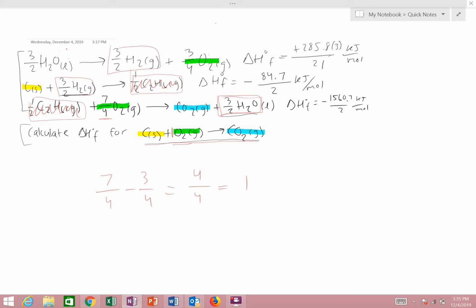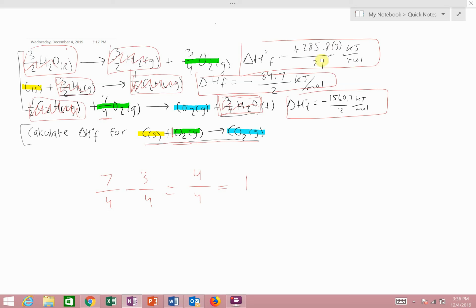We also cancel the hydrogen gas because it's right here, and then we can cancel the water. It's on the opposite side. So everything works out, and now all we have to do is just take these numbers and add them all up. I'm not going to do that right now because it takes a little bit of time since we got fractions, but just know that that's the answer that you'll end up coming up with.